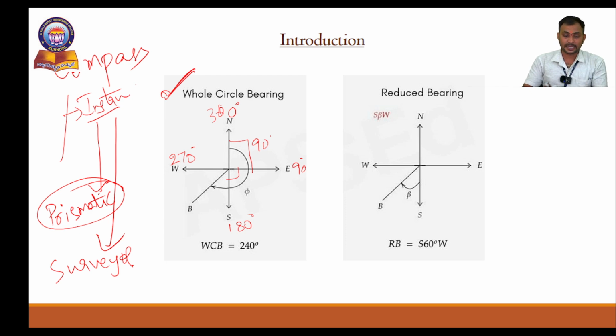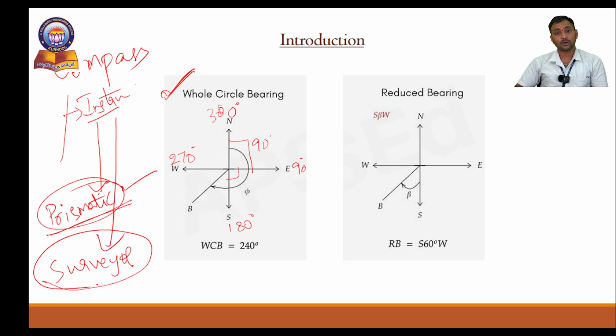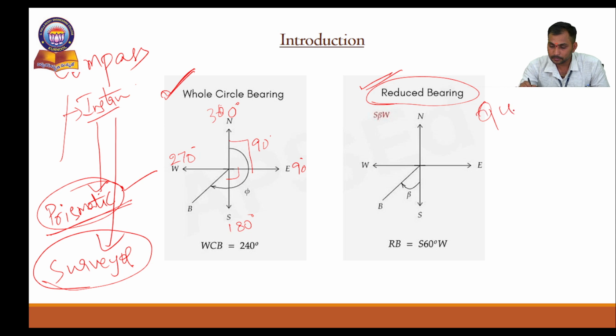That is the prismatic compass concept. If you determine land area measurements with a surveyor compass, it measures reduced bearing. In reduced bearing we take only quadrants, in the x-axis and y-axis: first, second, third and fourth quadrants.